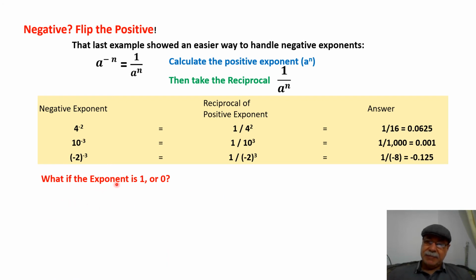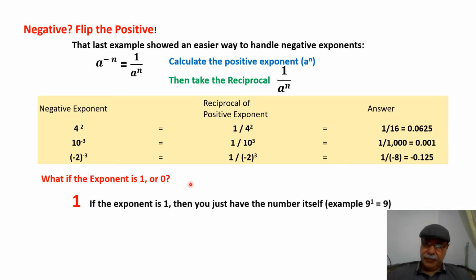What if the exponent is 1 or 0? If the exponent is 1 or 0, how do we treat the question? If the exponent is 1, then you just have the number itself.